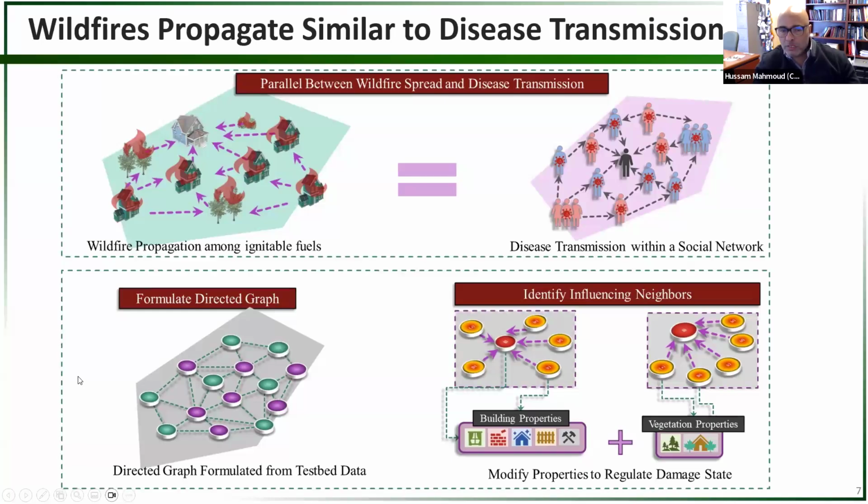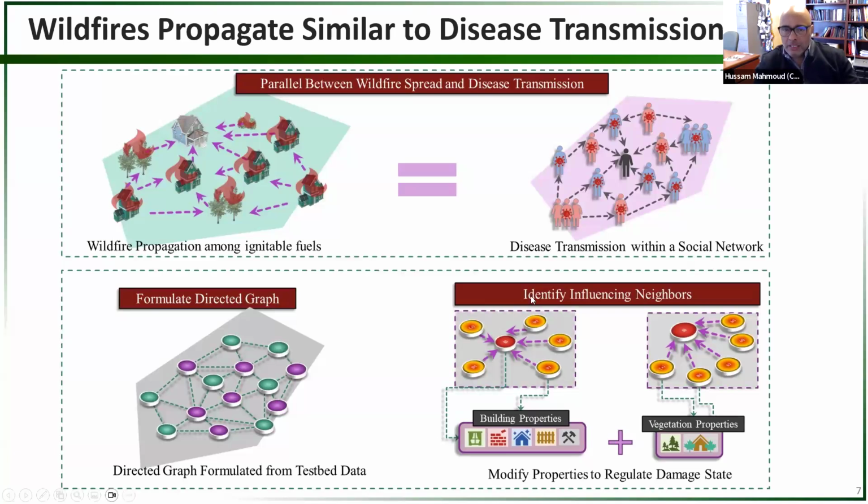These nodes represent homes and vegetation, and the links describe the heat transfer interaction between them. Once you understand how these nodes of vegetation and homes are connected, and you understand the behavior, then you can work the problem backwards and ask, what building mitigation properties or vegetation properties can I modify? It could be hardening, it could be removing fuel, and so on, to lower risk to the whole community, not just to that specific node, right?